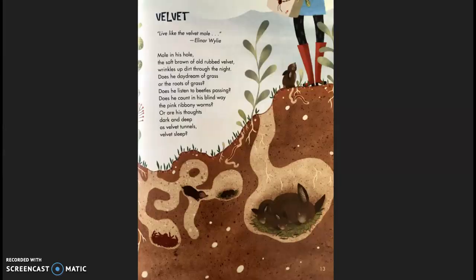Let's go back to our poem real quick because he talks about, does he daydream of grass? Does he listen to the beetles passing? Think about that. If you're a mole and you're living underground, can you hear little beetles on the top of the ground scurrying around? And does he count in his blind way?